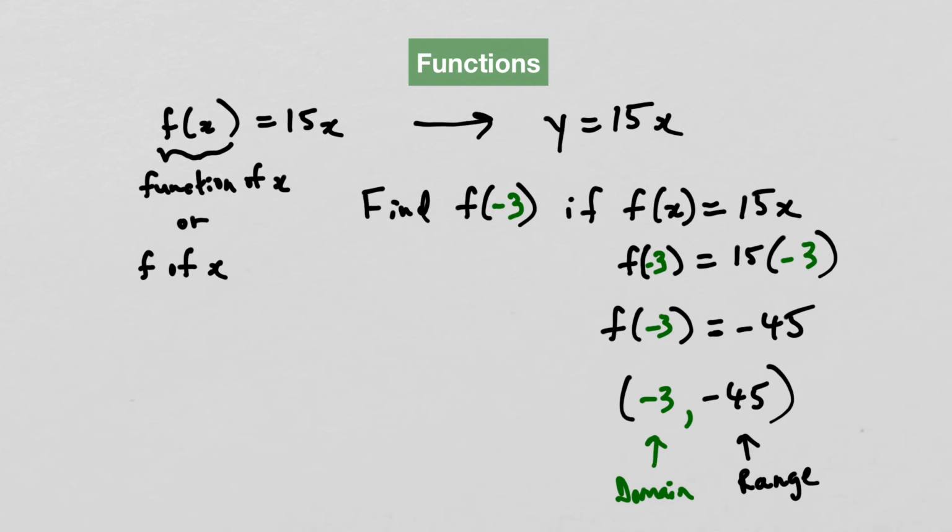Okay? And remember I said that this notation right here is equivalent to y. And since y is equal to negative 45, this is why we put the negative 45 over there. Okay, I just threw a lot of stuff at you. There's a lot of things going on, but here are the key things to remember. Key things.